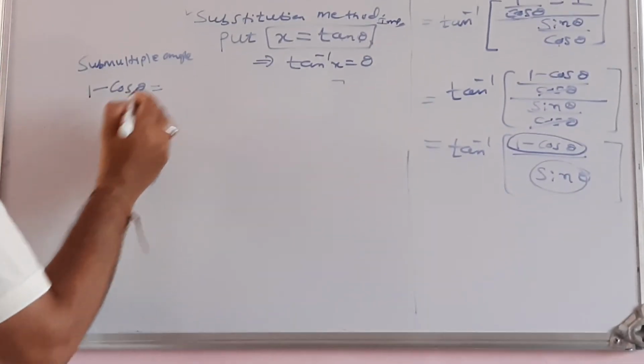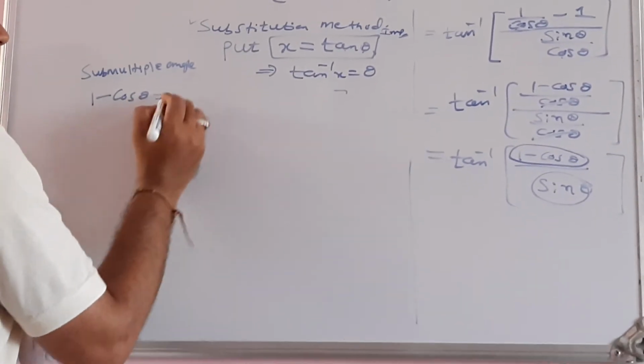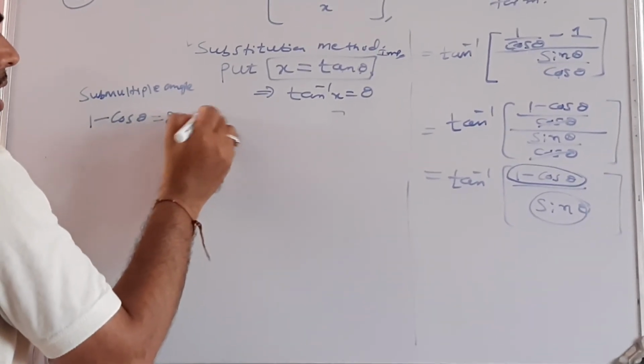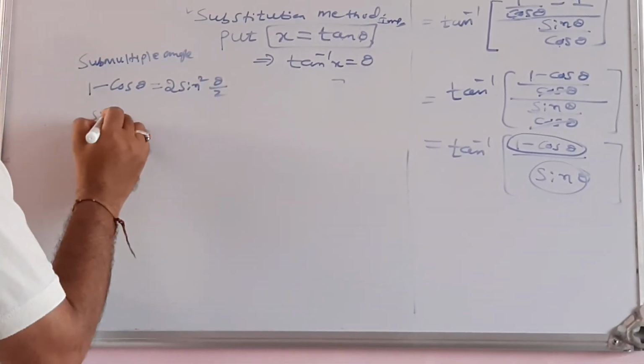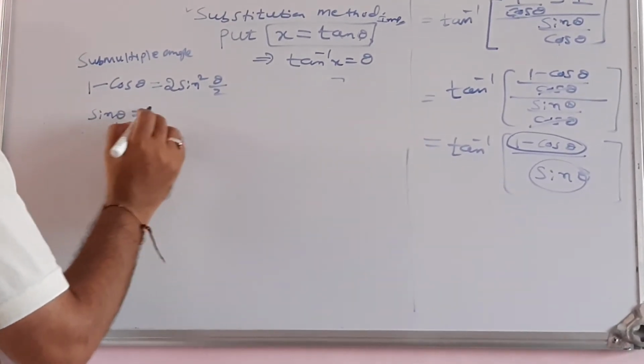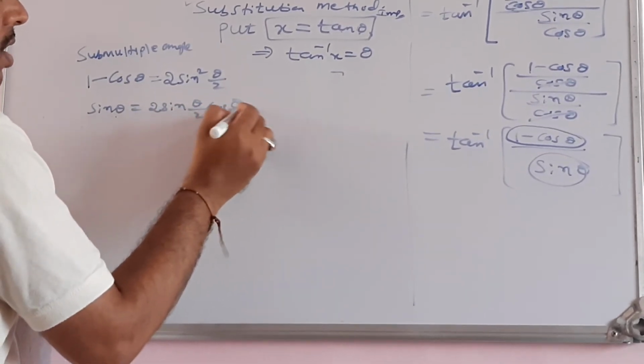So how do you write 1 minus cos theta? 1 minus cos theta can be written as, this is a standard formula, 2 sin square theta by 2. Then in the denominator I have sin theta. How can we write sin theta here? 2 sin theta by 2 into cos theta by 2.